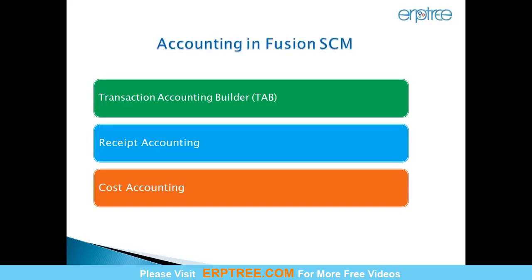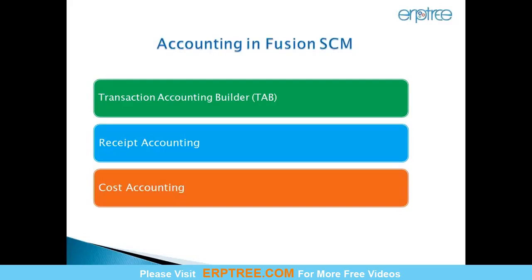And when you talk about Fusion, we are not going to provide any accounts in the different sources the way we did in EBS. Now all those accounting rules need to be defined through these definitions. Depending on the business process, you have to define these definitions.